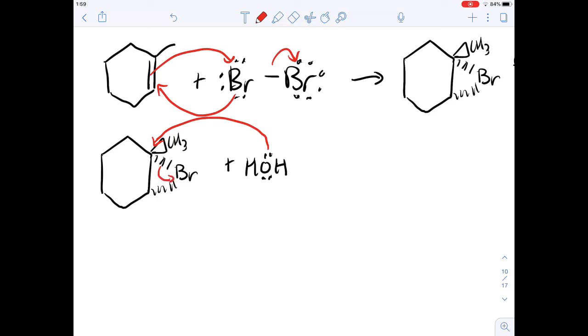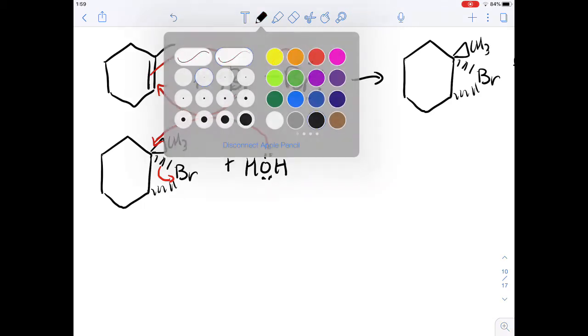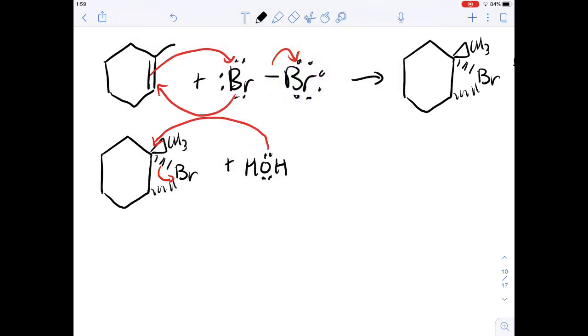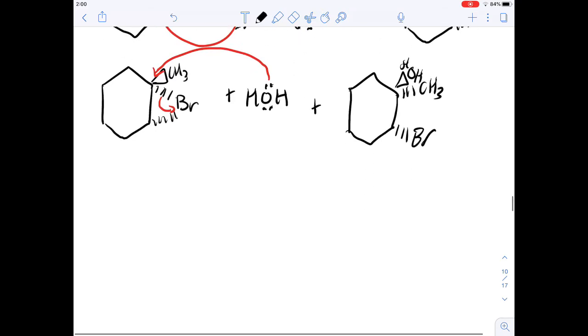So these electrons are going to enter the Br. And like I said, just make sure you remember that when H2O adds, it switches whatever stereochem the CH3 was originally on. So now, since it was originally on a wedge, it's going to be on a dash. And your H2O is going to be on a wedge. And your Br is going to be on a dash here.